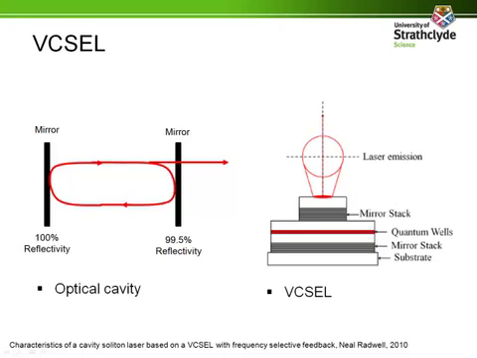The VCSEL is, as I said, a particular type of semiconductor. The emission is perpendicular to the gain region, which means that the shape of the emission can be basically any kind of shape. Here we work with a circular aperture.